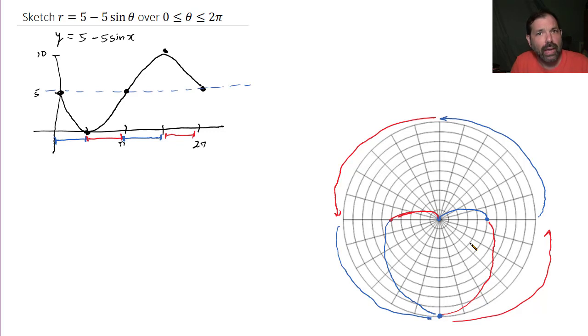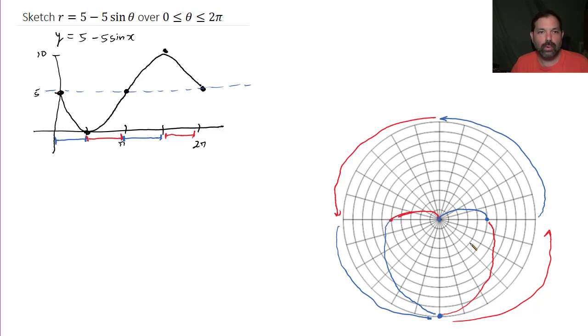Maybe not as precise, but if all we need is a rough sketch, this is much quicker than the point-by-point plotting. And so what I would recommend is that you try this technique instead of the point-by-point plotting, unless you absolutely have to do the point-by-point plotting. It just takes so long.